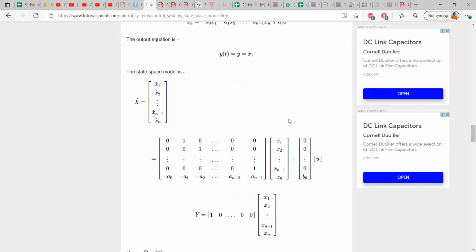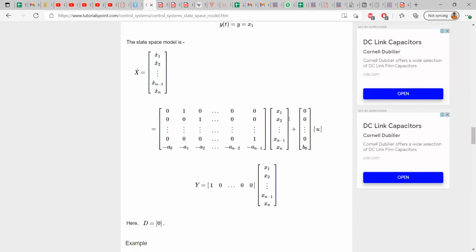Now see the state space model. If you observe, tell me what is x1 dot?